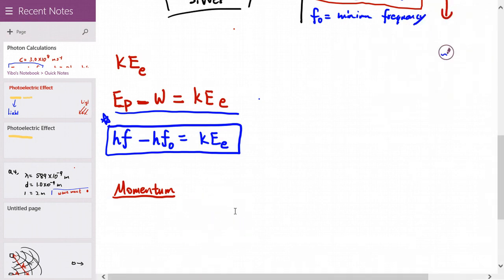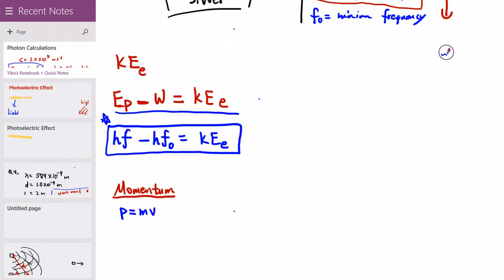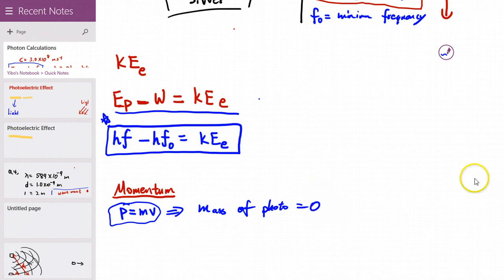Since photons are particles, and every moving particle needs to have a momentum, and momentum is calculated as mass times velocity, but in this case the mass of a photon is 0. And this is confusing.